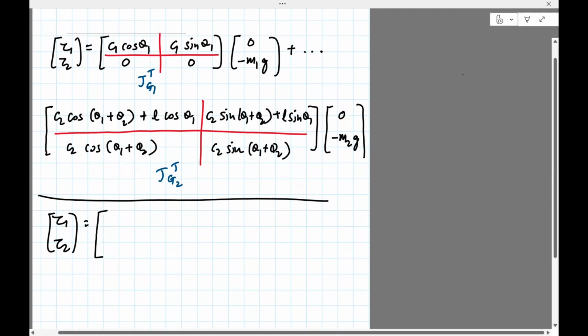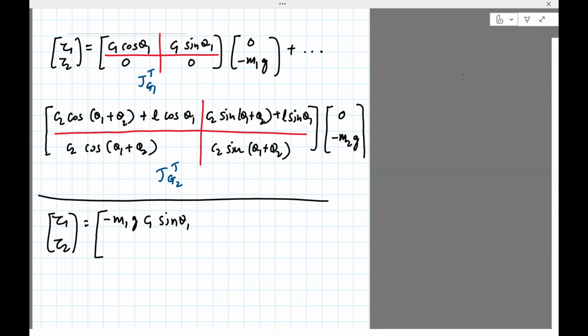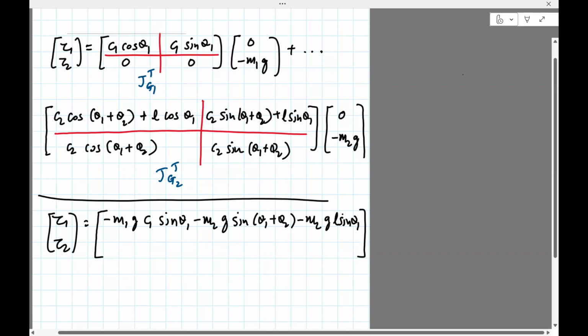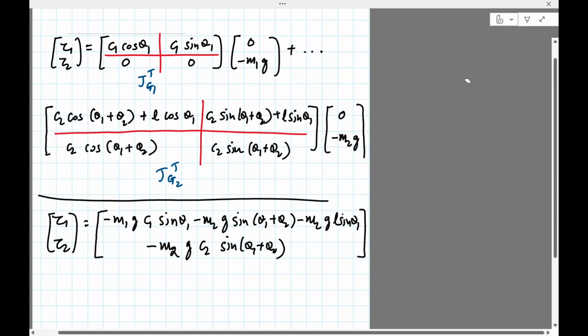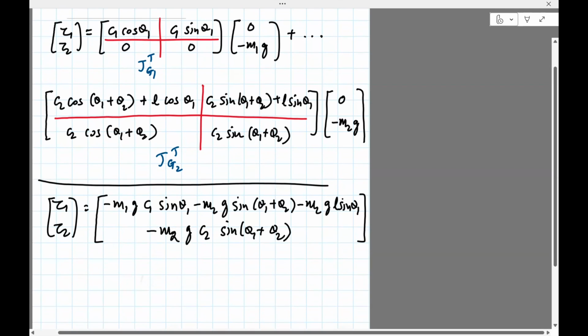So when you basically do the matrix multiplication, you get a 2 cross 1 matrix, or vector, sorry: M1G C1 sine theta 1 into g sine theta 1 plus theta 2, minus M2G L sine theta 1, then minus M2G C2 sine theta 1 plus theta 2.